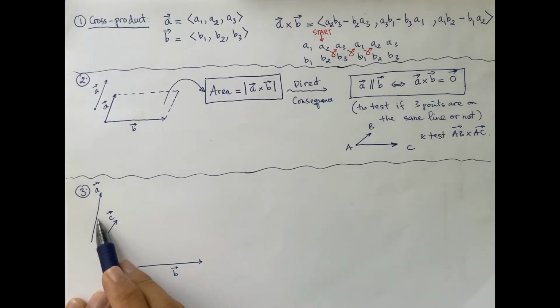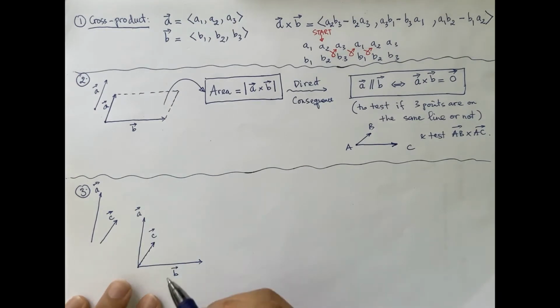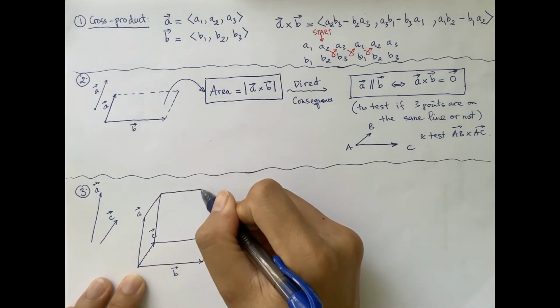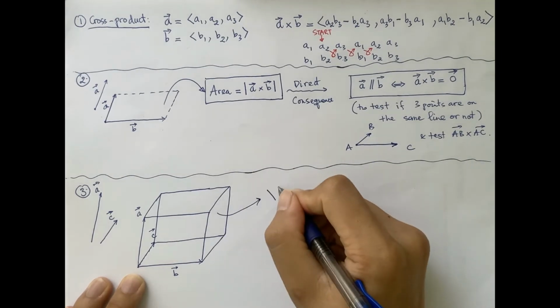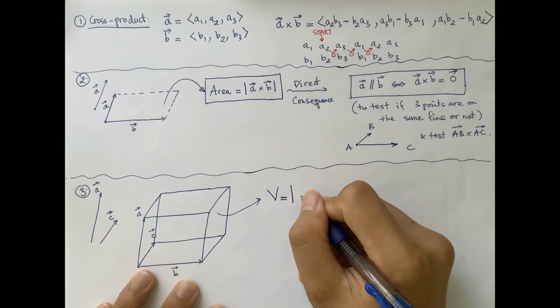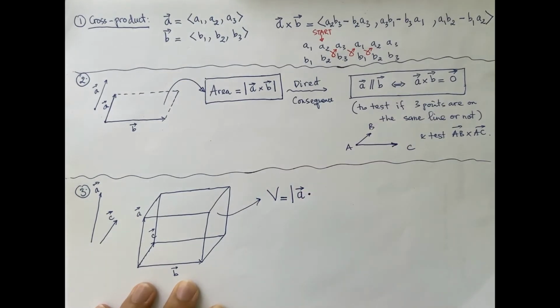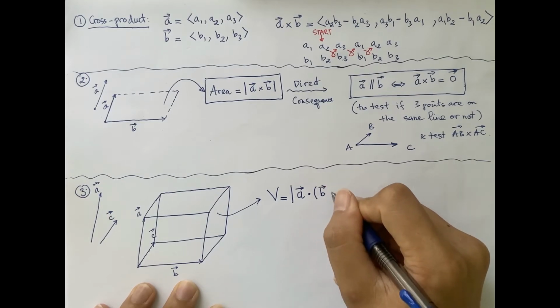So in this case, I'm going to move A and C to B. Now the nice thing is that if you use the 3 vectors here to create a parallelepiped, then surprisingly, the volume of this parallelepiped is the absolute value of the triple product, meaning the dot product between vector A and the vector created by using the cross product on B and C.